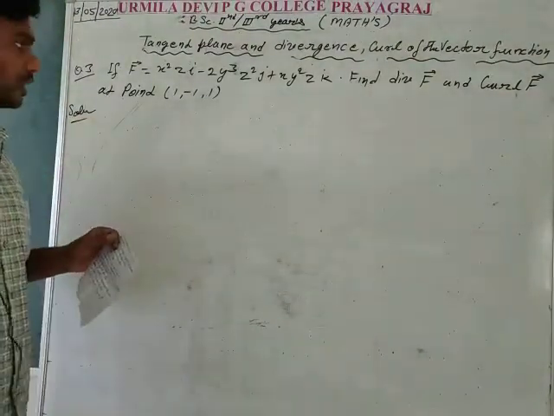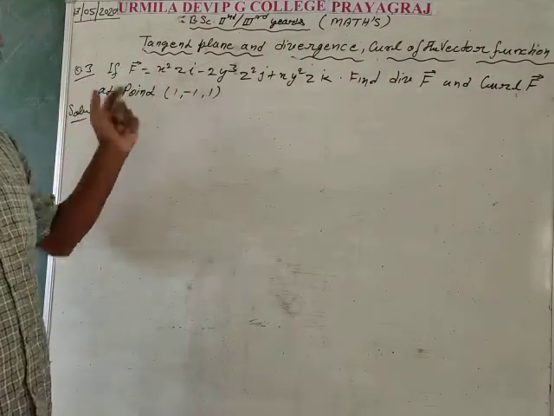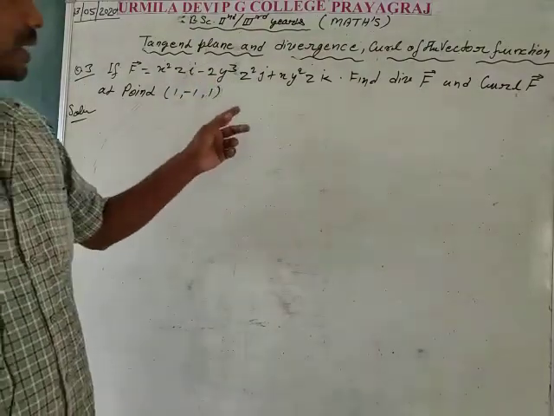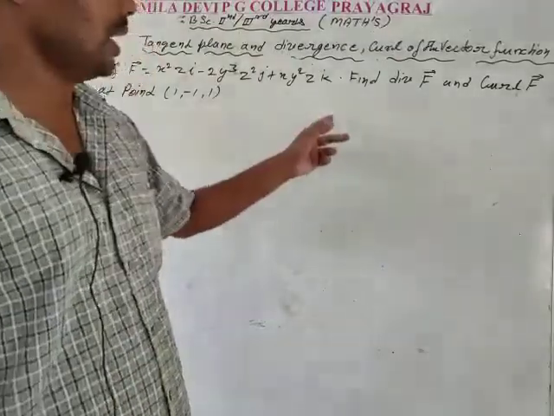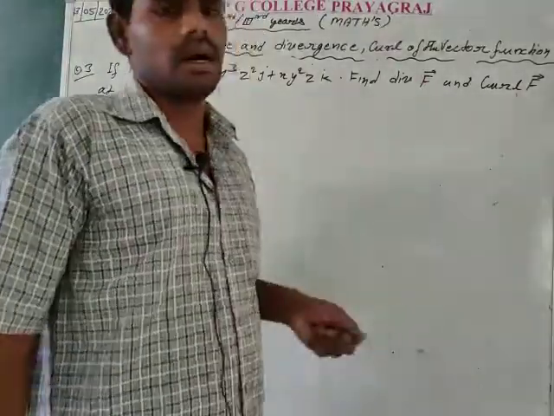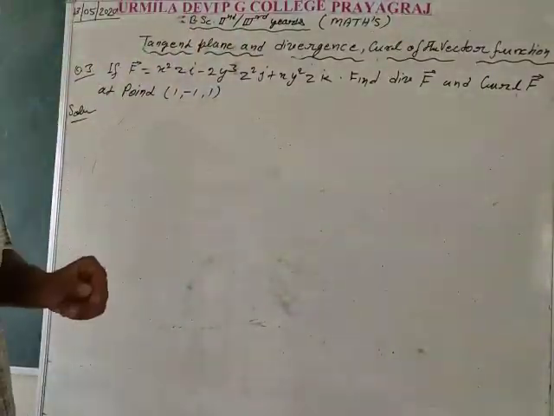In the third question, if vector f is equal to x squared z times i minus 2 y cubed z squared j plus x y squared z times k, then find the divergence of vector f and curl of vector f at the point (1, -1, 1).